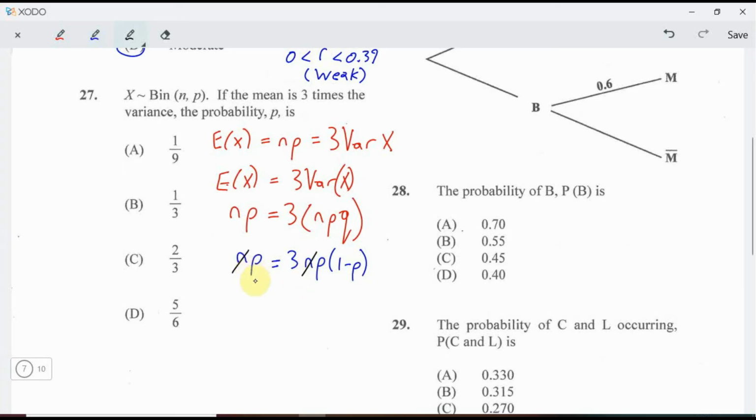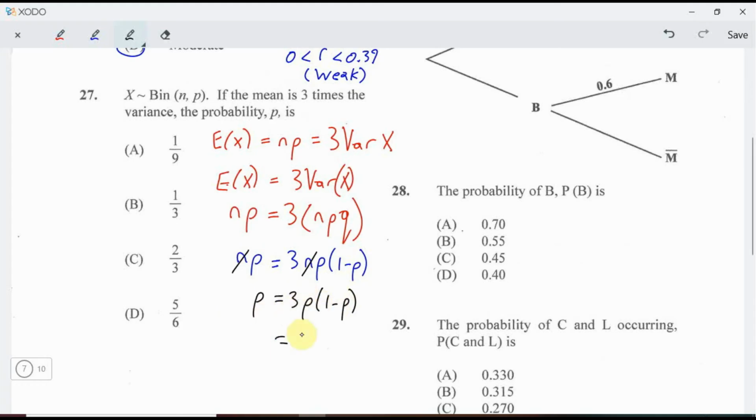So now P is equal to 3P in bracket 1 minus P. Now we just need to simplify this, and that will give us our value of P.